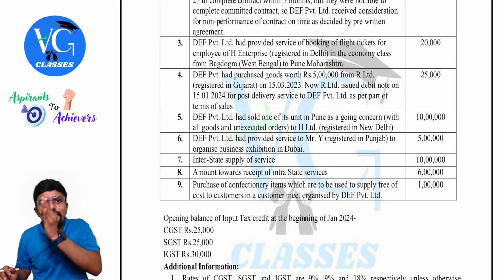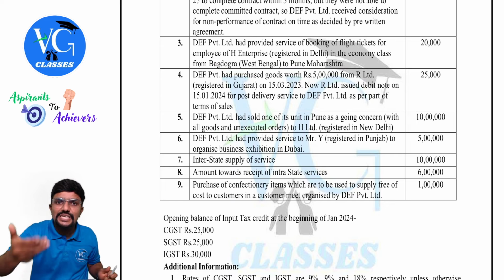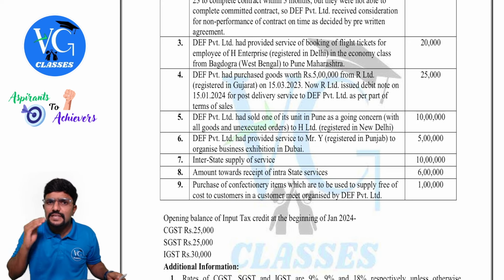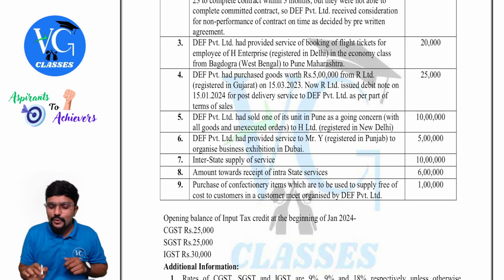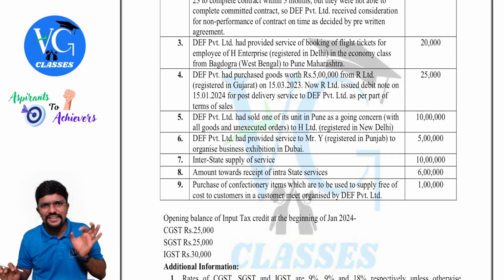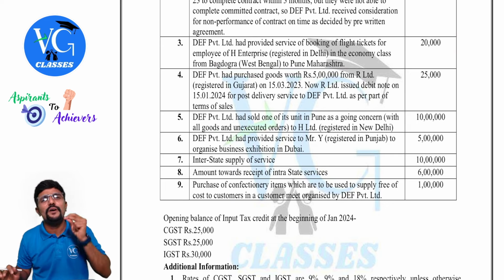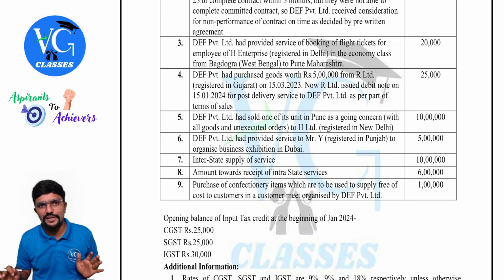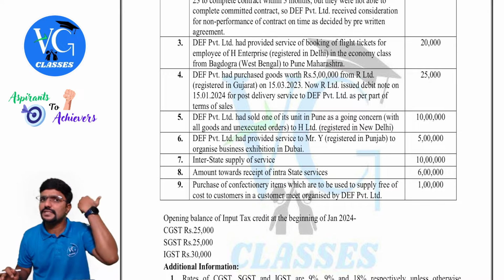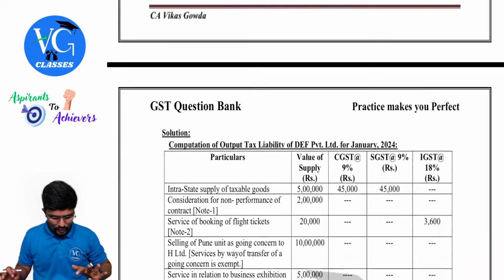But on booking of air tickets, if commission is charged by authorized dealer, even that is exempt? No. So in this question, 20,000 is not airfare, guys. It is considered to be conveyance fee or commission charged by DEF to H Enterprise. Is it liable for GST? Yes. Okay.